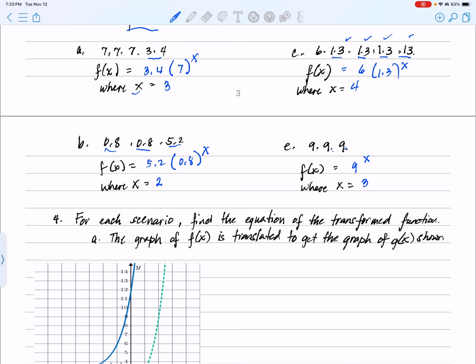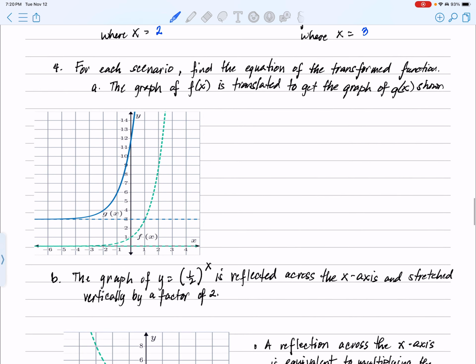Let's have this problem. For each scenario, find the equation of the transformed function. So we have 2 graphs here.